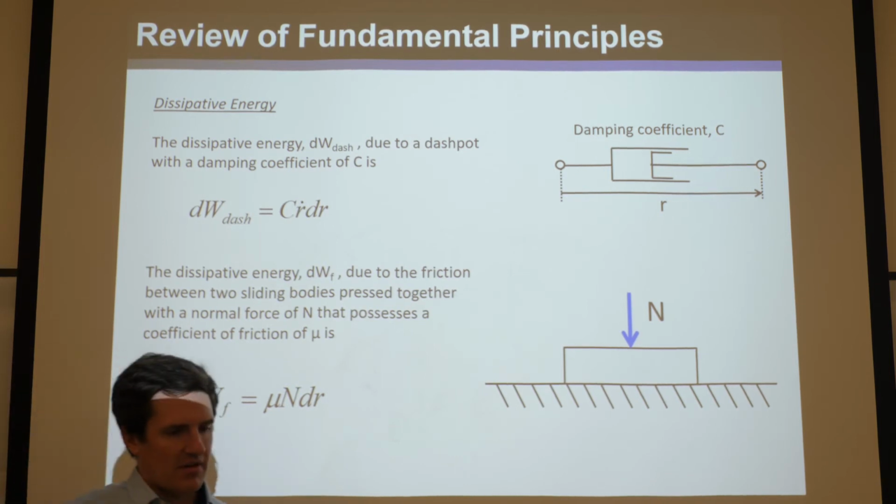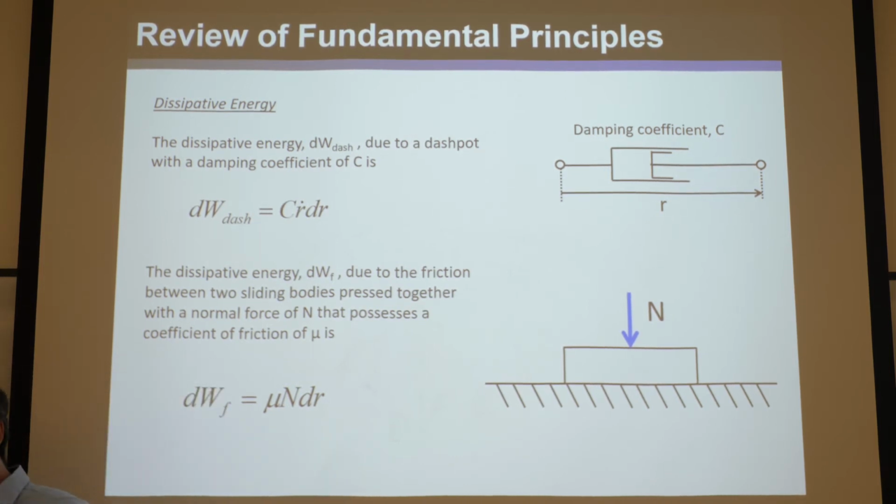So instead of it being F equals kx, where it's a function of x, the displacement, dashpots are a function of the velocity, and they're a viscous element that dissipates heat through the friction in the honey or the viscous material inside.